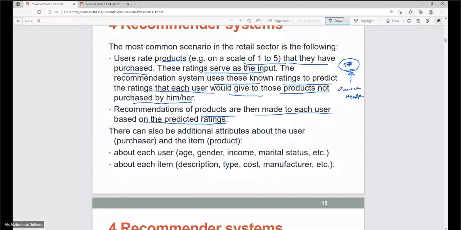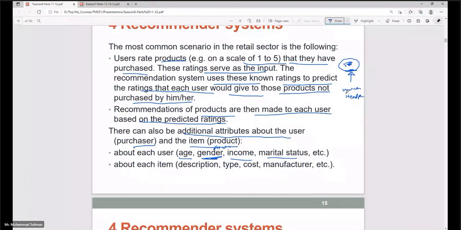There can also be additional attributes about the user and the items, such as the age of the user, the gender, the income, and the marital status. For example, if I am purchasing a mobile phone and my gender is male, then I prefer items that are more likely to be purchased by males, because of the color of the product or the size of the product and so on.